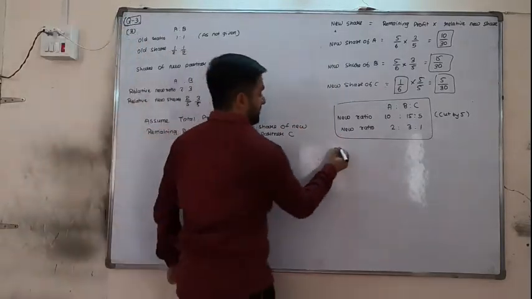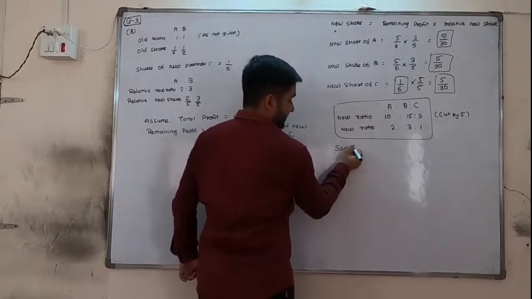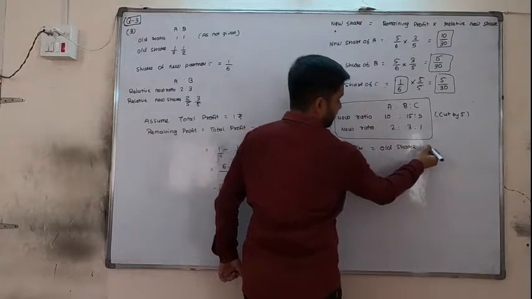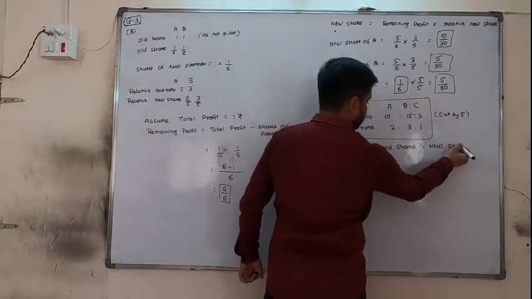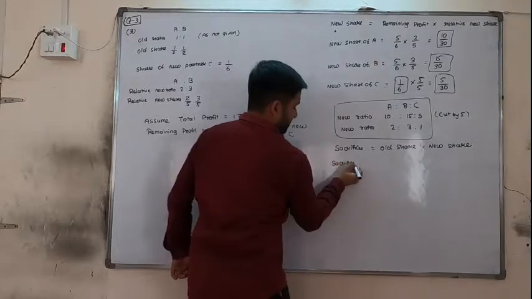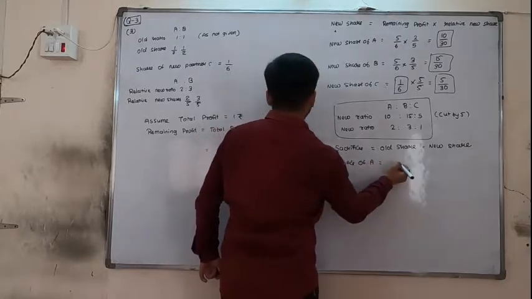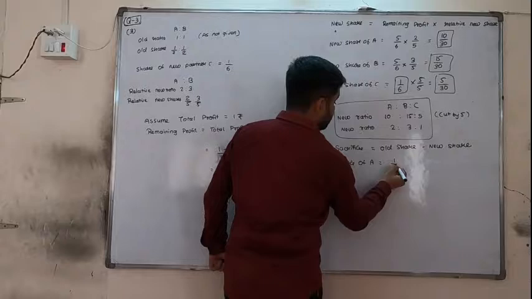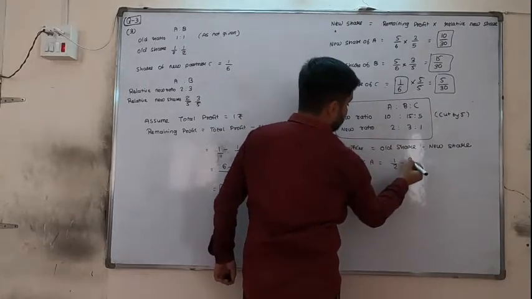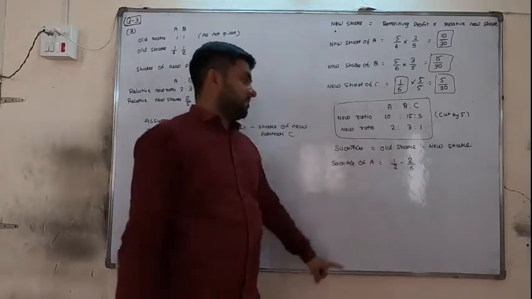Okay. Now next, sacrifice is equal to old share minus new share. Sacrifice of A. Old share of A is 1 by 2. New share of A is from here 2 by 6. Why?